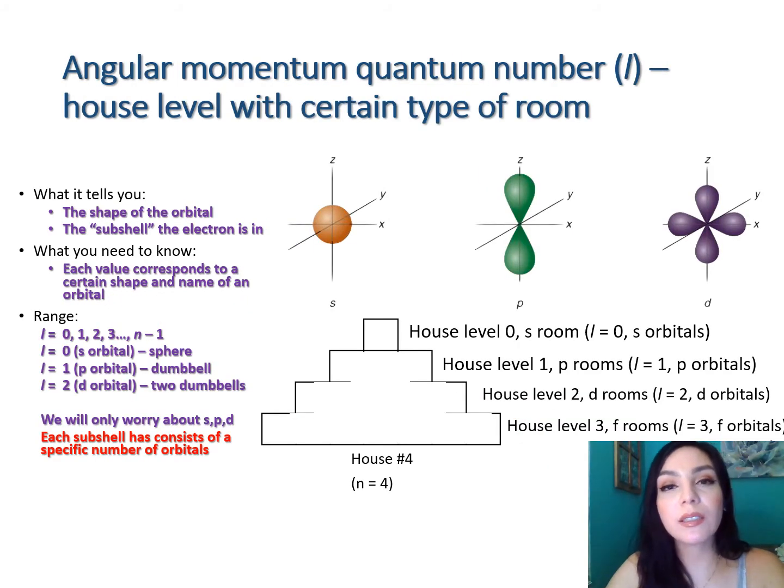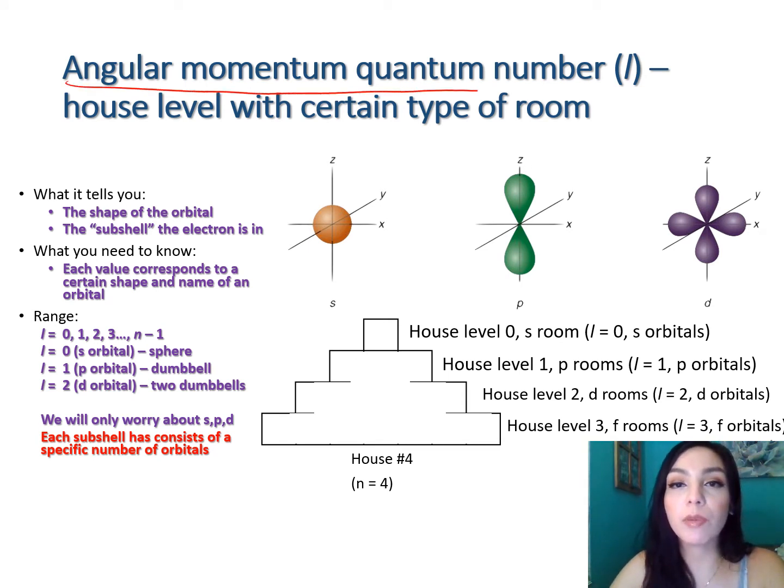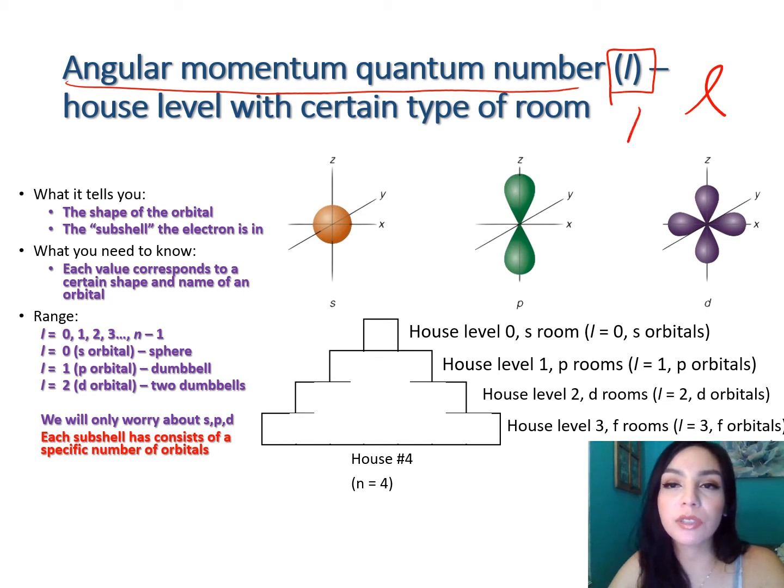Our next quantum number is our angular momentum quantum number. We denote it with an L. Sometimes you'll see a cursive L, or sometimes you'll just see the italic regular L. Now the analogy for this is it's the house level, and each level has a certain type of room on that level.